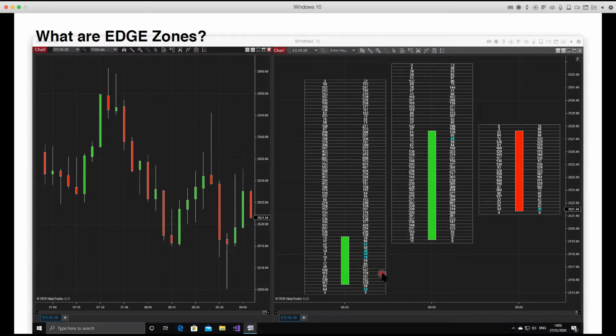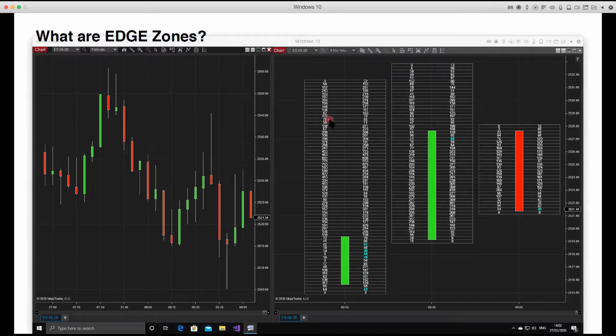So this is called a bid-ask imbalance. What you can see here is we had 91 contracts lifting the offer versus 19 hitting the bid. 91 divided by 19 is 4 point something, about 4.5. So I've said if we've got 4 times or more, 400% imbalance diagonally, highlight it.